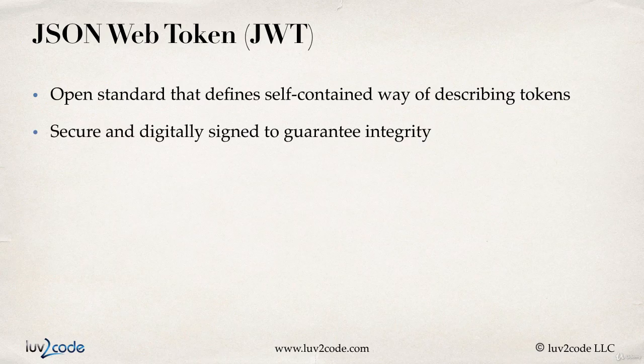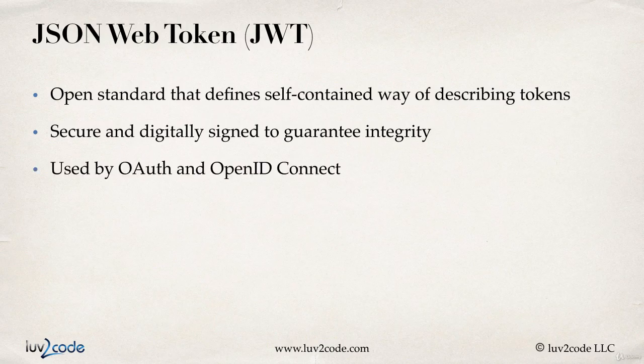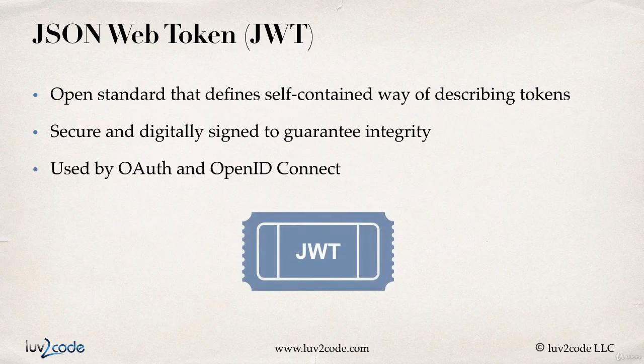It's secure and digitally signed to guarantee integrity, and it's used by OAuth and OpenID Connect. And so this token is the item that's passed back and forth, like in that previous example I said, as far as auth tokens, access tokens, ID tokens, they all make use of the standard way of describing the tokens using JSON Web Tokens.